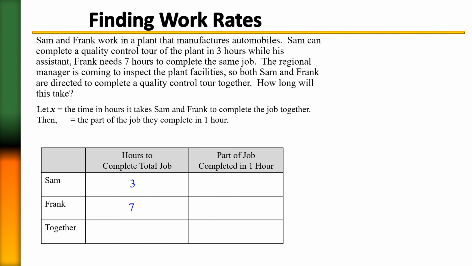And recall we said that x is going to represent how long it takes them to do it together. So for them to complete the job together, that fraction is 1 over x. All right, so now that we have this table of values filled out, where we can organize our information, let's see how we're going to set up this equation.